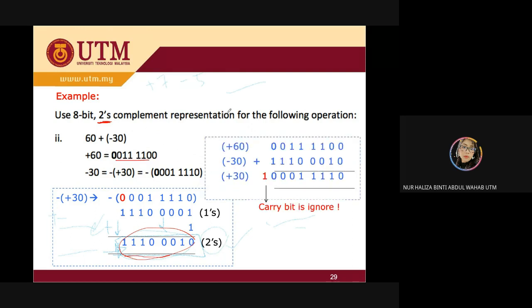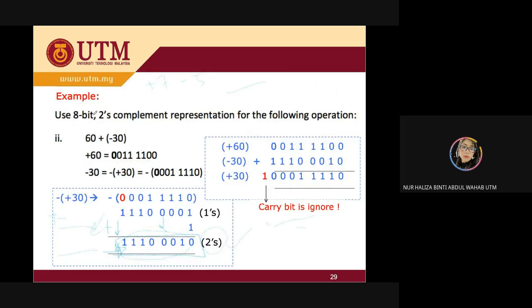What will happen? This is positive 60. This is negative 30 in second complement. And this is your answer, which is positive 30. The carry will be ignored and discarded because you only have 8 bits. This is how you add positive and negative numbers using binary, with second complement.